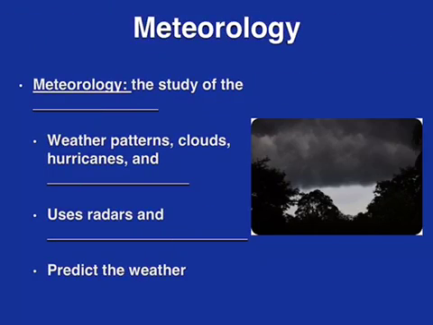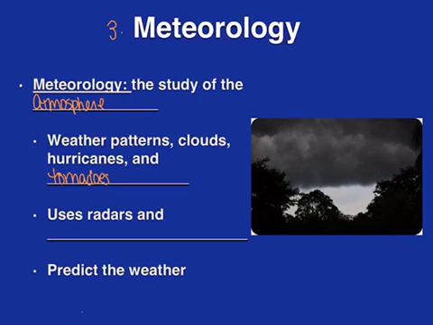The third branch of earth science is meteorology, and meteorology is the study of the atmosphere. We would look at weather patterns, clouds, hurricanes, and tornadoes.